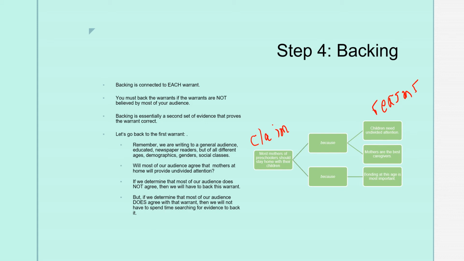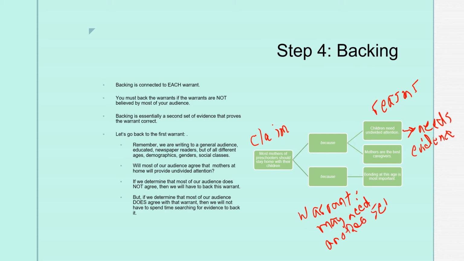So remember, this reason needs evidence. So I'm just going to write off to the side: needs evidence. Warrant may need another set of evidence called backing.